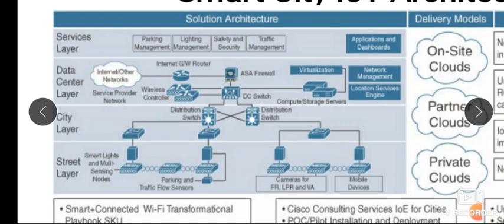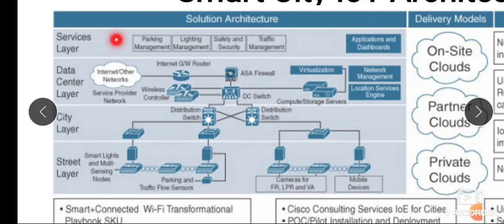The data center layer is nothing but the cloud layer, where data aggregation and data analytics happen, and the data is analyzed and some insight is found. Above that data center layer, we have the services layer. So this is a 4-layered architecture.